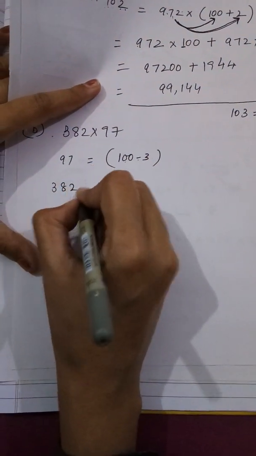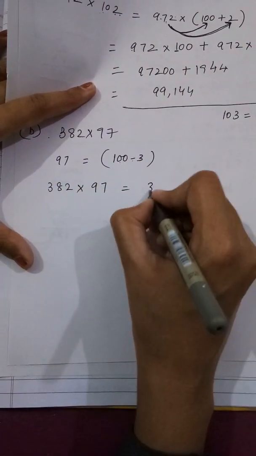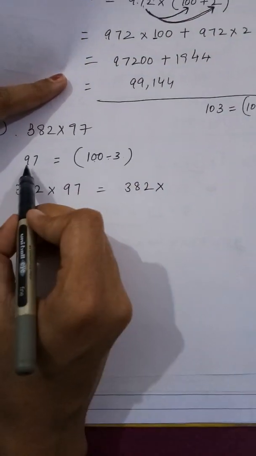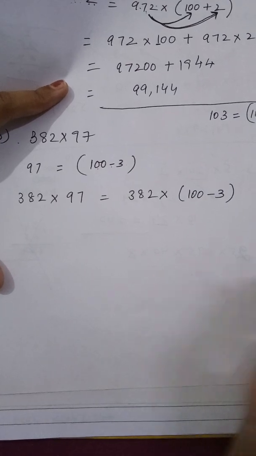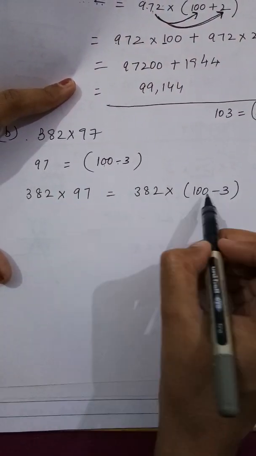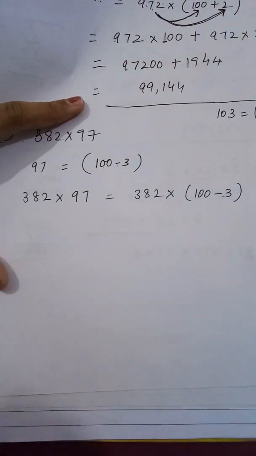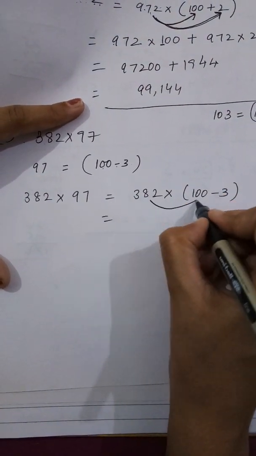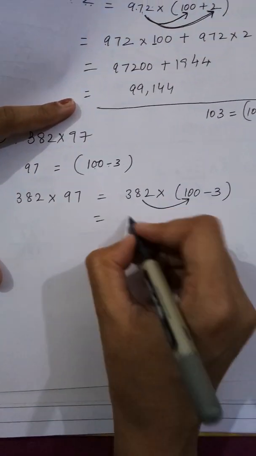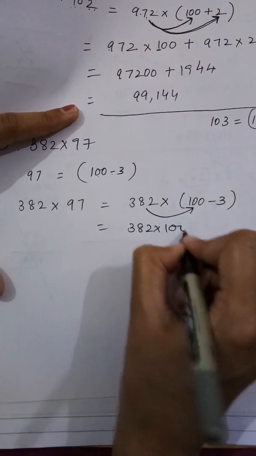Now 382 will be multiplied by 97. 382 multiplied by, now 97 will be written as 100 minus 3. Instead of 97, I can write 100 minus 3. Now 382 will be firstly multiplied by 100. 382 multiplied by 100.